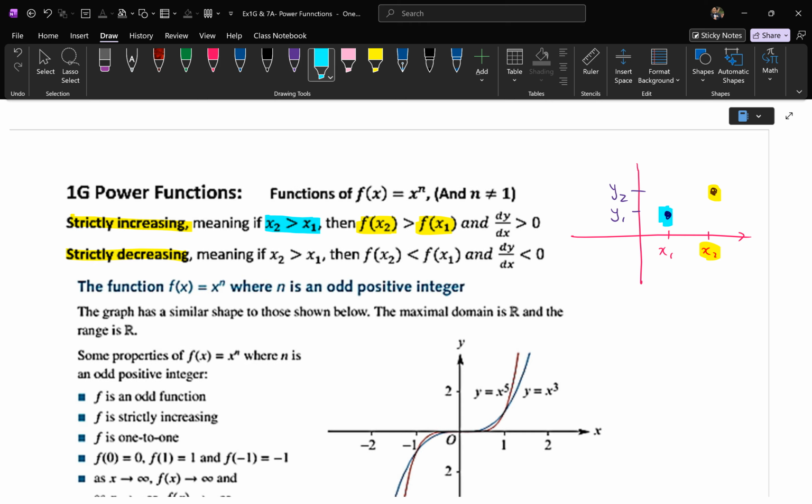If this is true, so these two, you can see there, the x2 is bigger than x1, and y2 is also bigger than y1. That's what these first two bits are saying. This is considered strictly increasing.